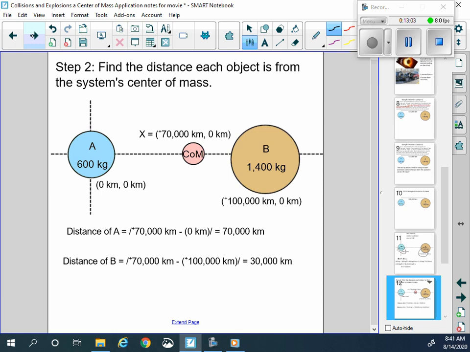So now I just have to find how far away each object is. So 70,000 minus 0, A has to travel 70,000 kilometers.